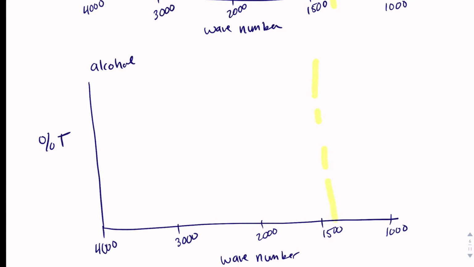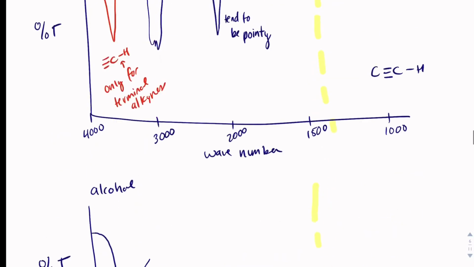And an alcohol group, hopefully you remember, is going to be some sort of carbon group and then OH. Alcohol groups you're going to really like when you see them because they're probably the easiest one to identify because they have a parabolic shape. So between like 4,000 and 3,000, and I've got the number.